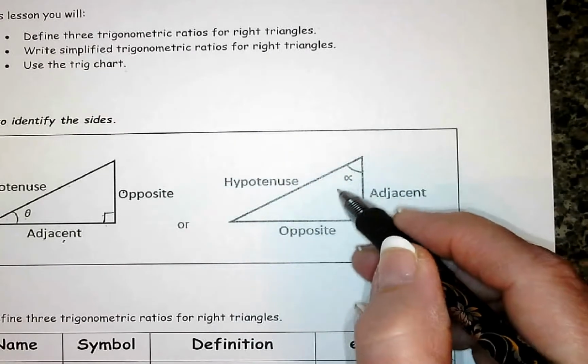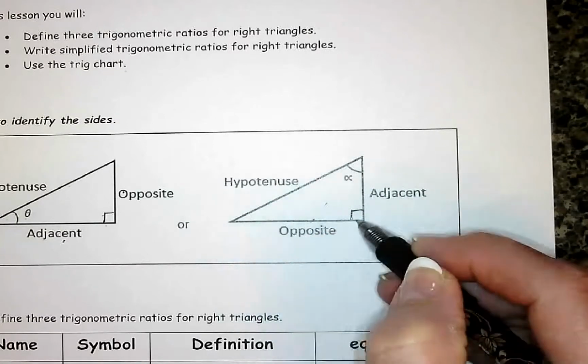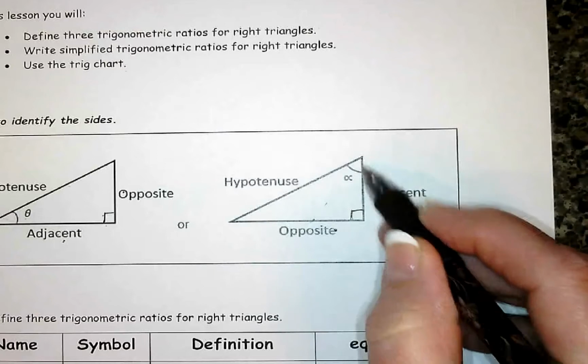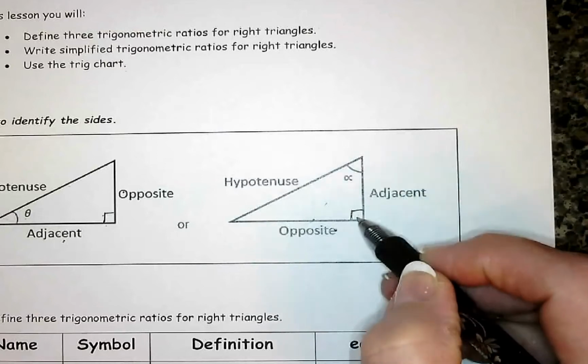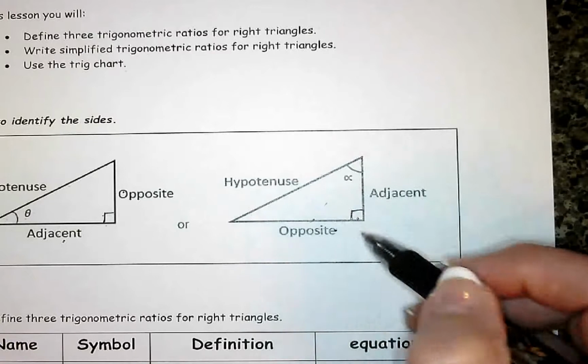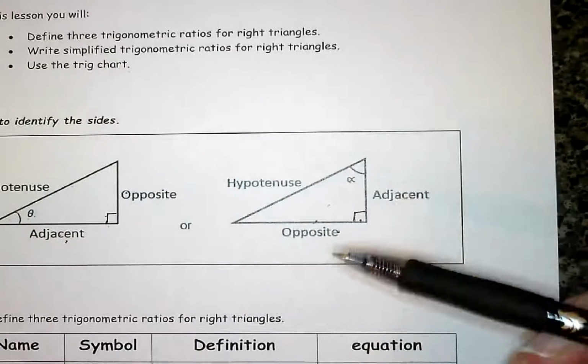If I go across or opposite that angle, now this side of the triangle would be the opposite leg. And this side that's right next to or adjacent to it would be the adjacent leg. Okay, so you have to be able to identify those parts based on which acute angle you are working with.